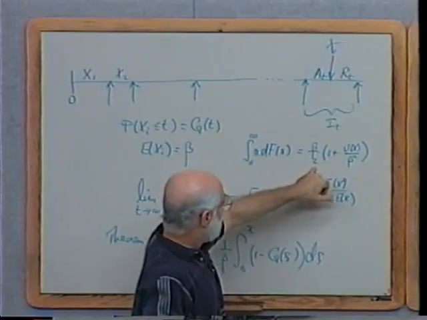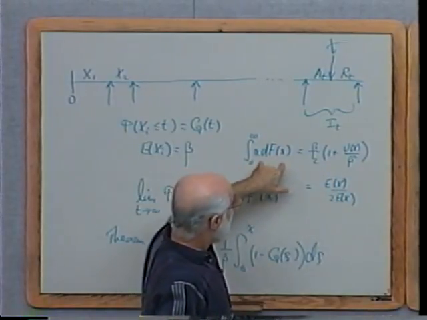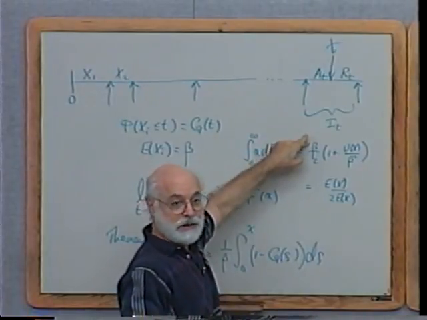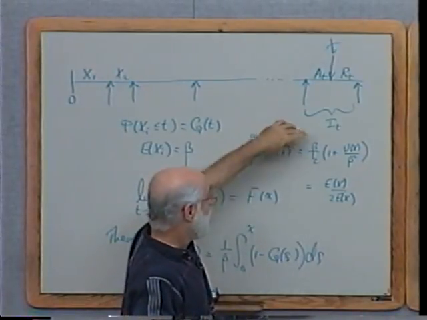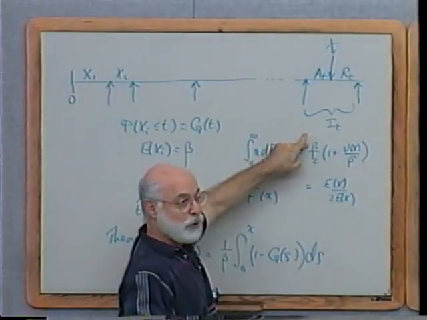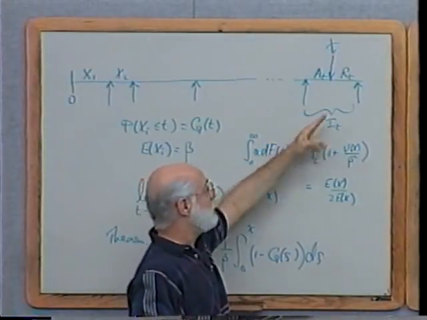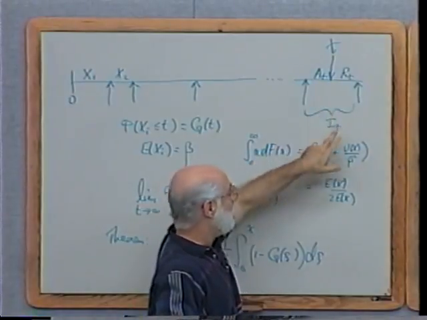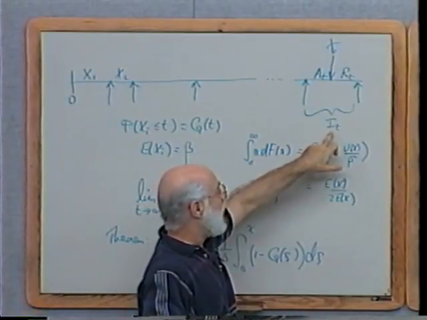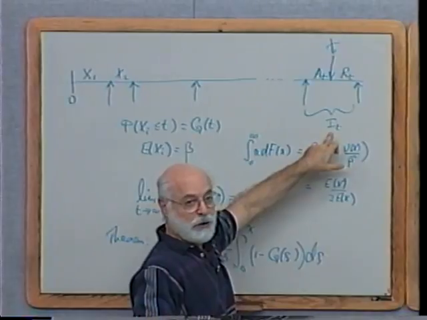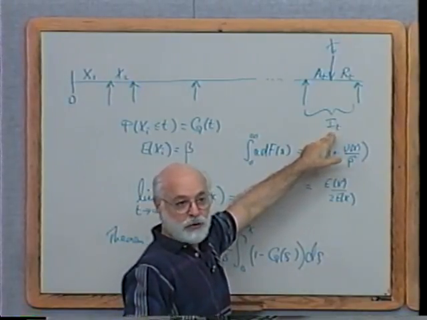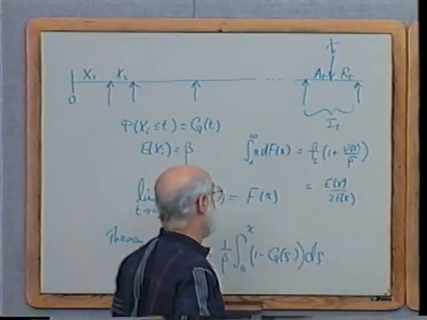And you find out that the expected value of the forward recurrence time in equilibrium, actually equilibrium is necessary in the exponential case, is equal to beta, or in other words, is equal to the expected value of the length of the original interval, x, which means that the average value of the covering interval is twice the average value of an ordinary interval. And that's sort of a paradox, which we discussed already.